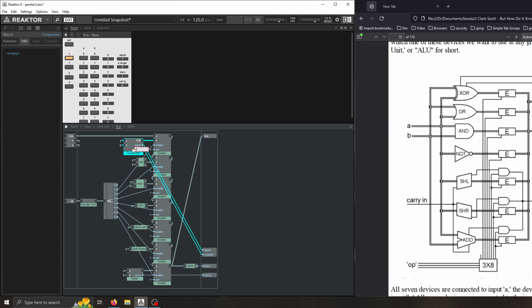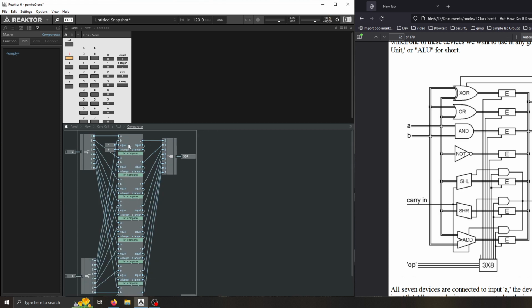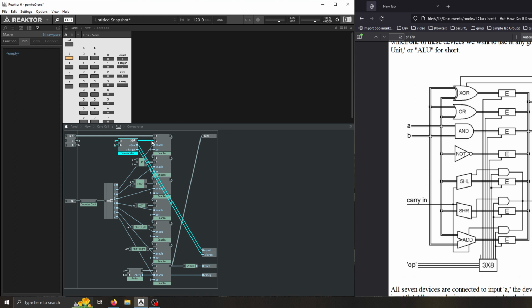I'm sorry, because the comparator by default is using an XOR operation for each one of these bit compares. So it's just outputting that XOR, and then the equal and the A larger are always being output. So this is actually an XOR.